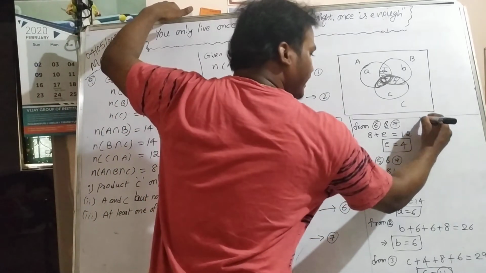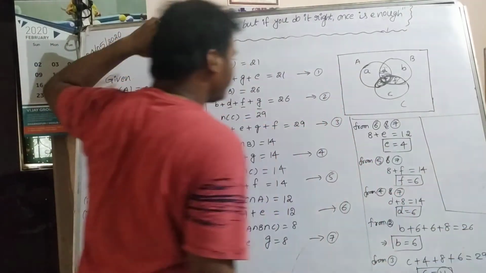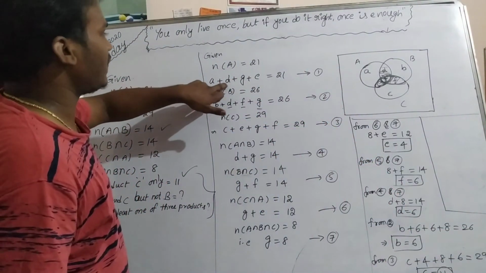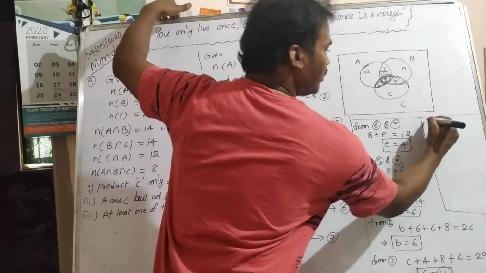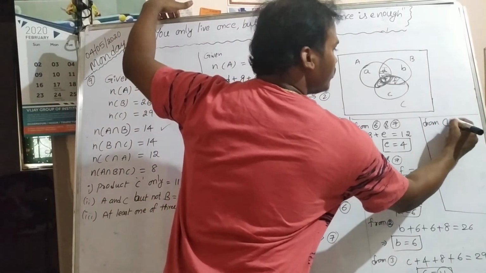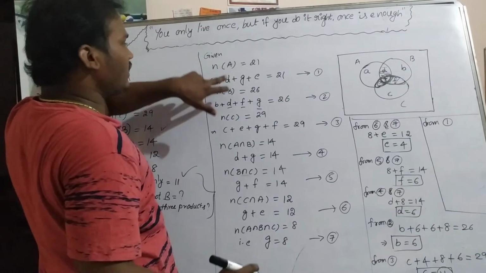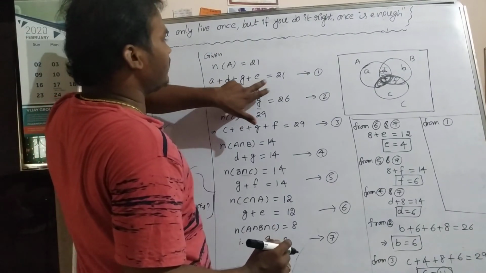Now I can find A also. How to find A? From equation 1: A plus D plus G plus E is 21.